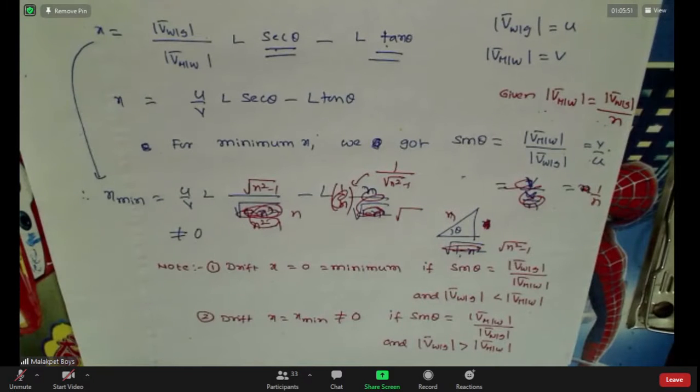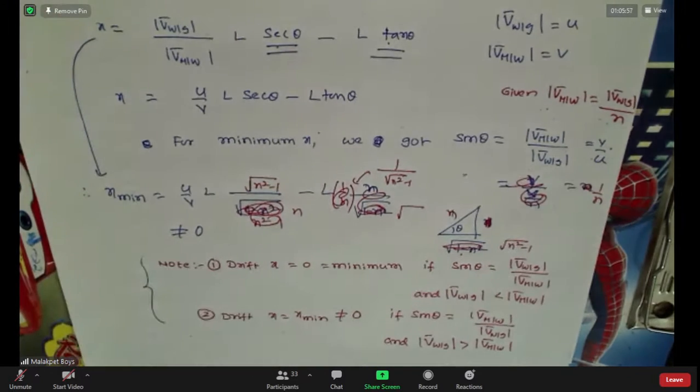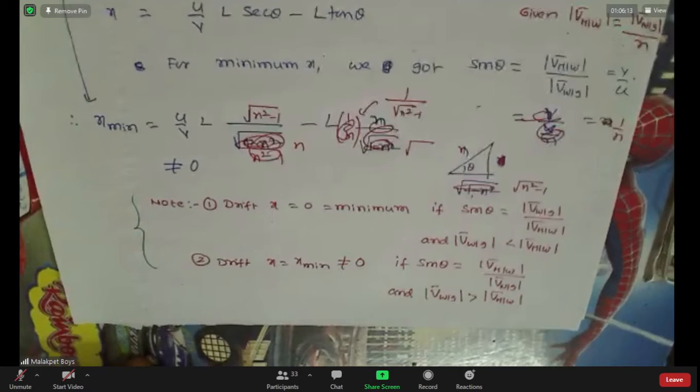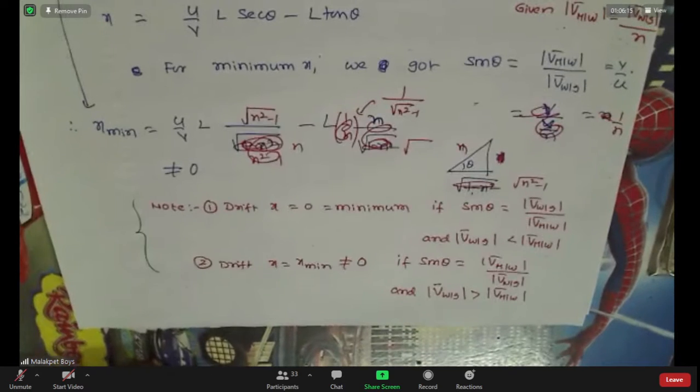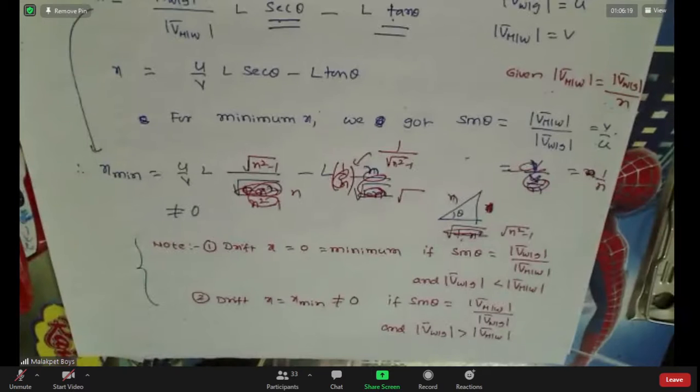So finally, our conclusion is this. Understood this? Sir, can you move the page little downwards? Pardon? Downward or upward? This is what is visible now for you. Yes, sir.